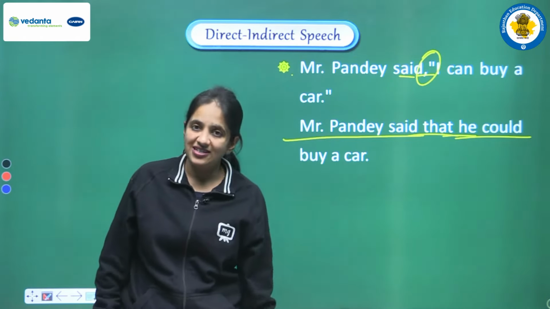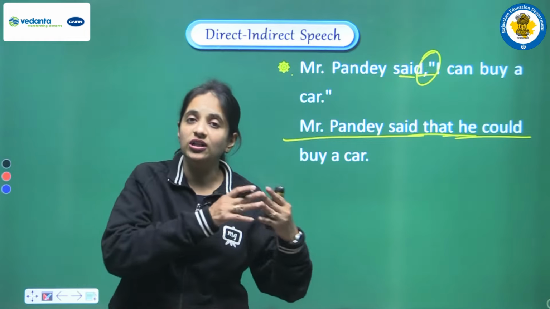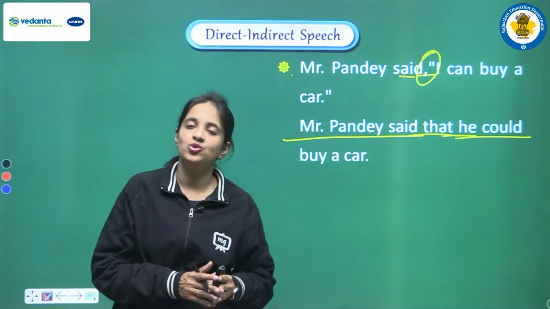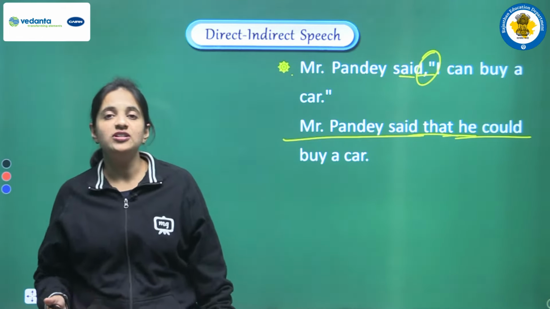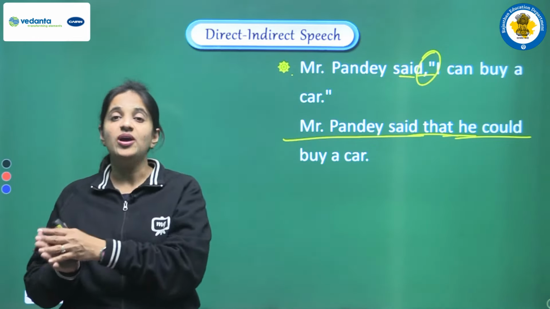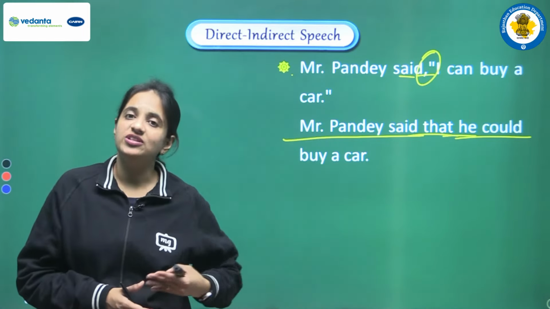Okay, so this is our first category, that is assertive sentence. I hope all the rules related with assertive sentence are clear to you all, and I am just summarizing one more time. So students, first of all just understand what assertive sentence means. All the positive and negative sentences are included in this category of assertive sentence.